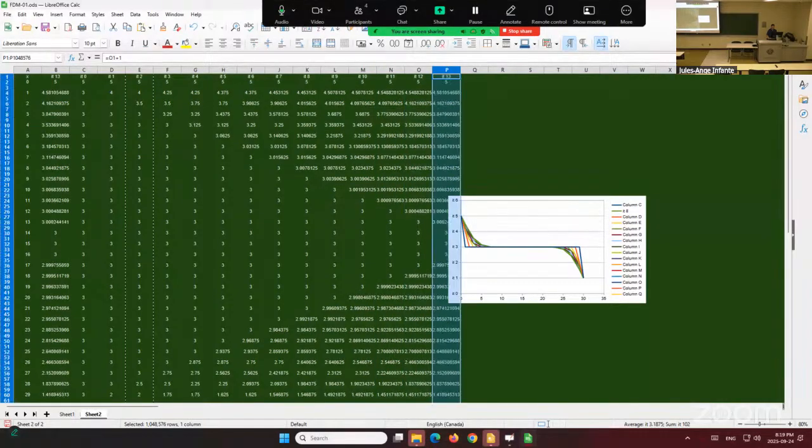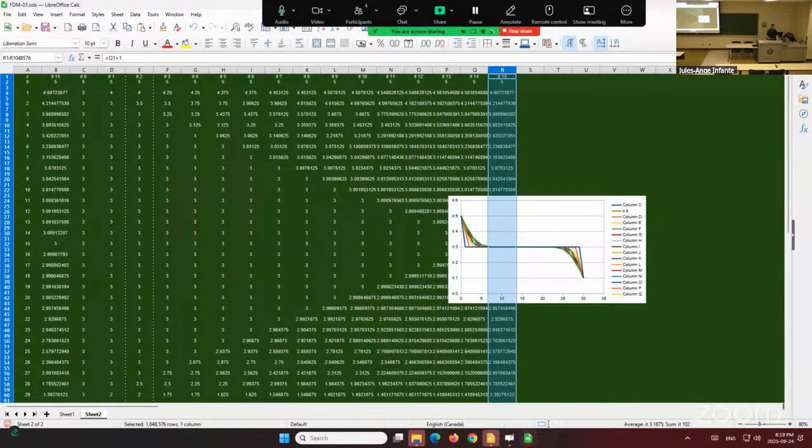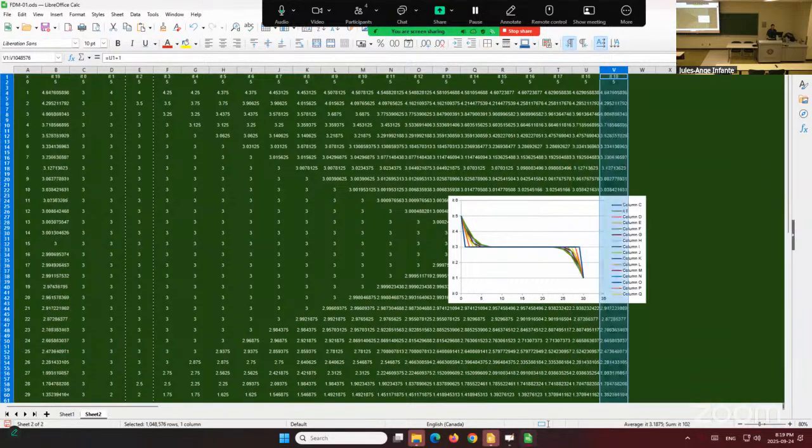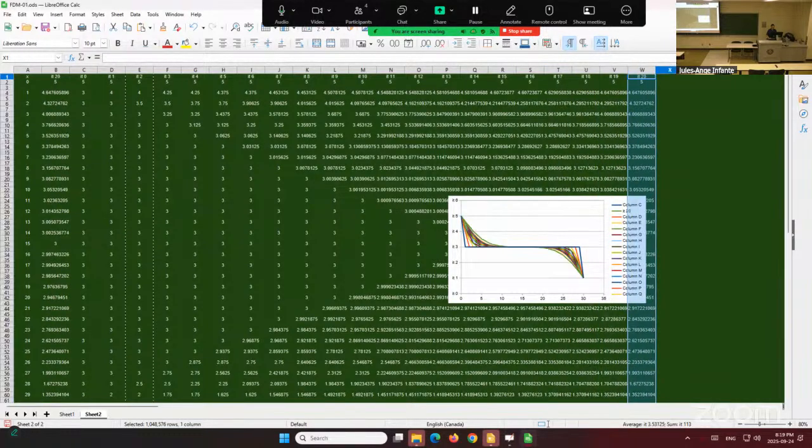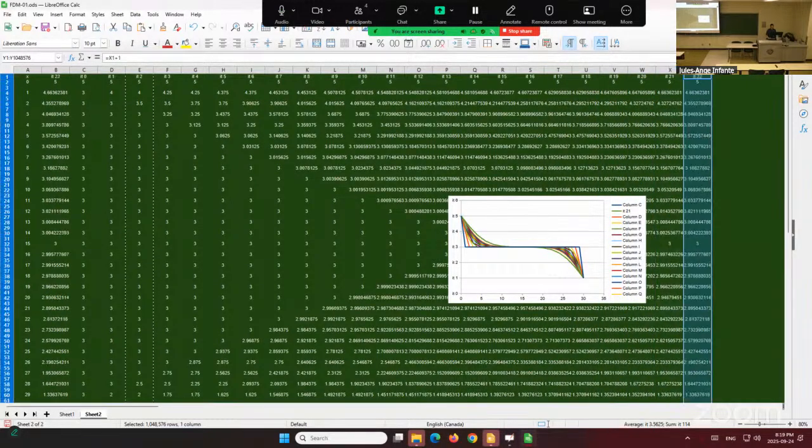I iterate and ideally I should be approaching my final solution. See that last curve?